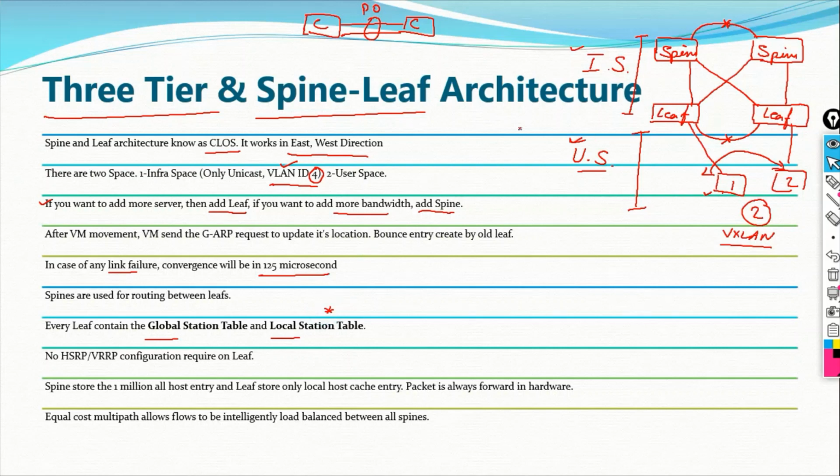The global station table is where we have the complete information of your ACI infrastructure. The local station table holds what devices are connecting to that particular leaf. So whenever any device connects, they keep it in the local table, then update it in the global station table and notify your upstream devices as well.